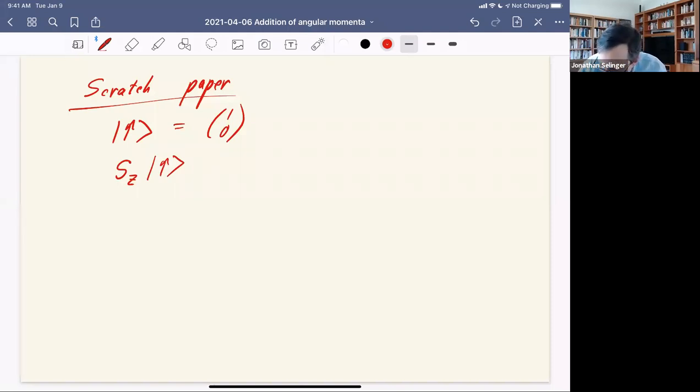So Sx acting on that in matrix notation is 1/2 h bar times the matrix 0, 1, 1, 0. This is the matrix representation of that operator times the column vector 1, 0.